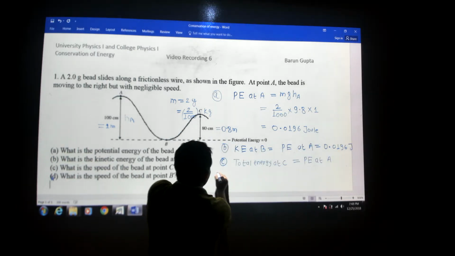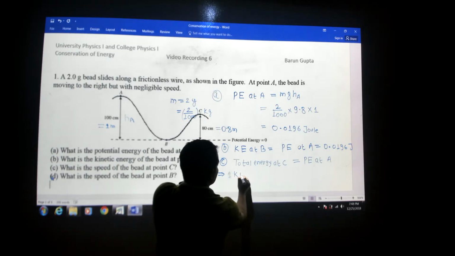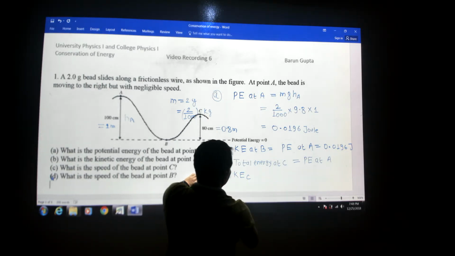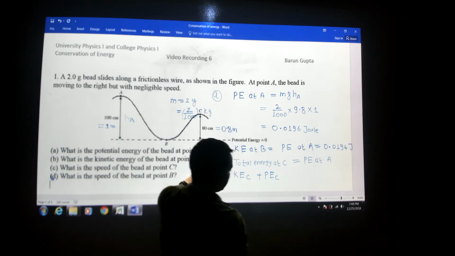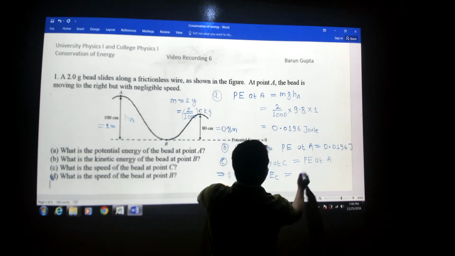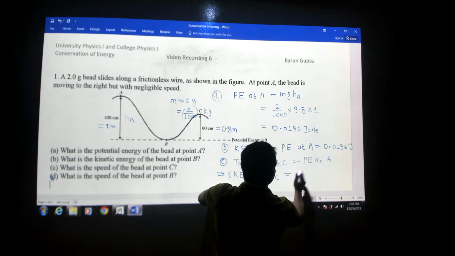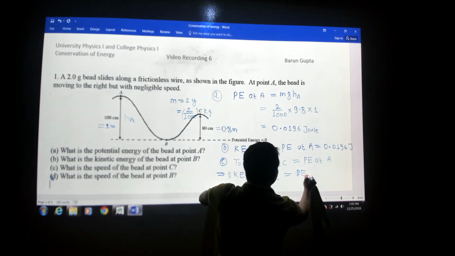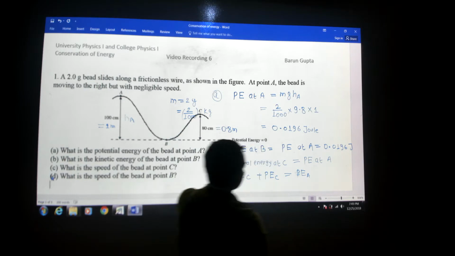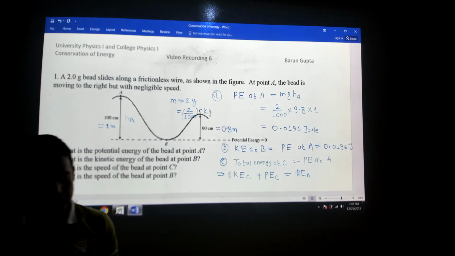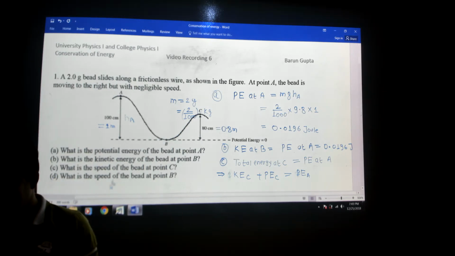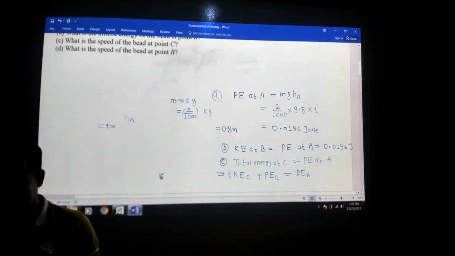So the kinetic energy at point C plus potential energy at point C is equal to the potential energy at A. I'm just deriving an expression just to make life simpler. I probably need to use a blank paper here.